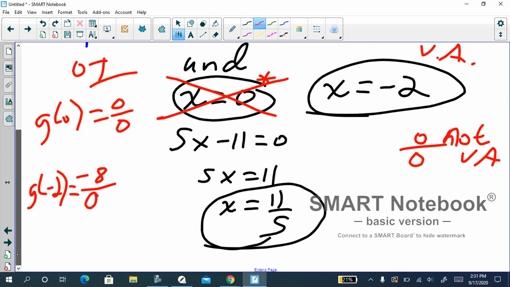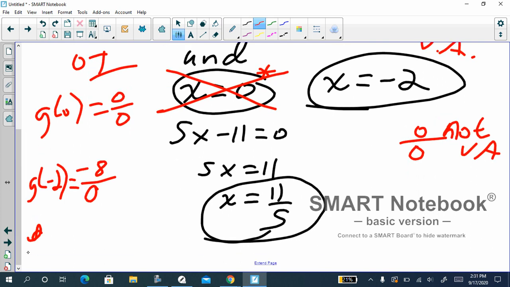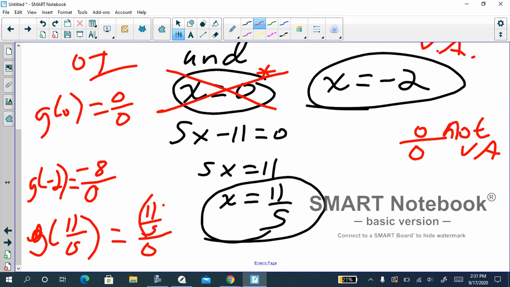Same thing with the 11/5. If we put in 11/5, we would get 0 on bottom, and we would get whatever 11/5 cubed is on top. It's not 0, so that's a vertical asymptote also.